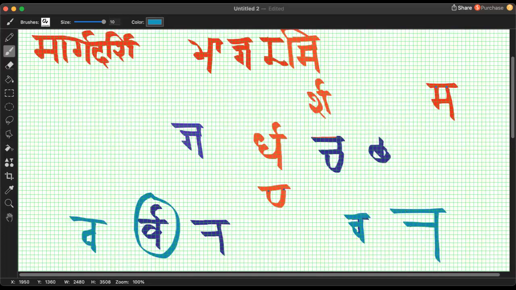Either you can connect it from this end here, it'll take up this form. So river is always written like this.